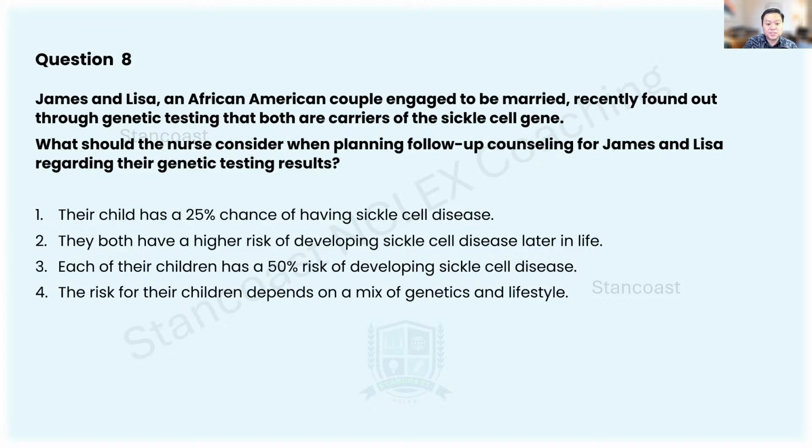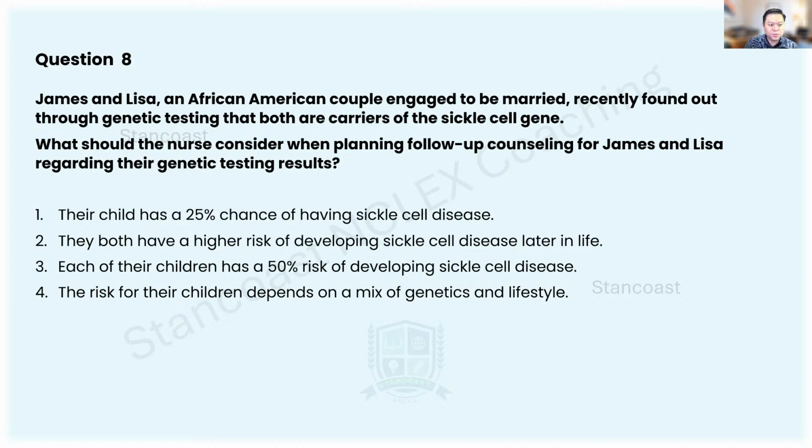What should the nurse consider when planning follow-up counseling for James and Lisa regarding their genetic testing results? 1, their child has a 25% chance of having sickle cell disease. 2, they both have a higher risk of developing sickle cell disease later in life. 3, each of their children has a 50% risk of developing sickle cell disease. 4, the risk for their children depends on a mix of genetics and lifestyle.